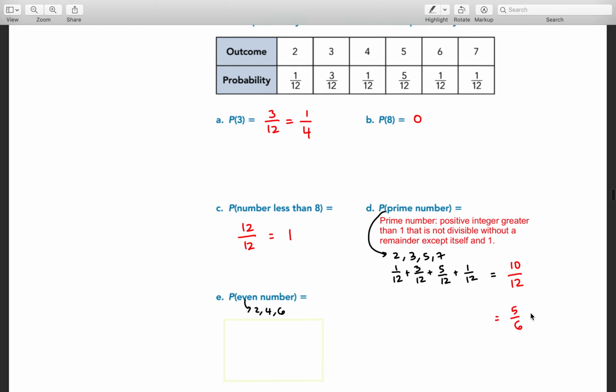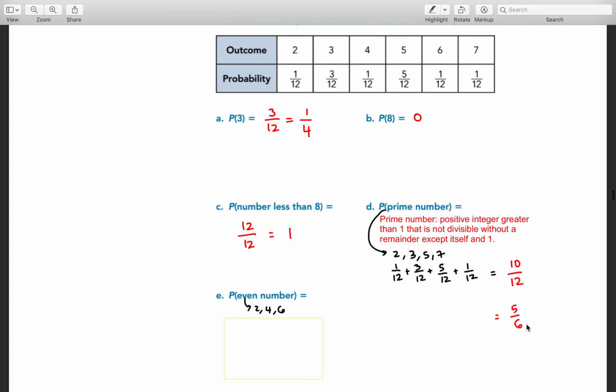We can simplify that to 5 over 6. Since there are multiple prime numbers, we had to just add them all up. So it's not just going to be 2 or 3. Since there are 2, 3, 5, and 7 as prime numbers, we're just going to have to add the probabilities for each of them to get the sum.